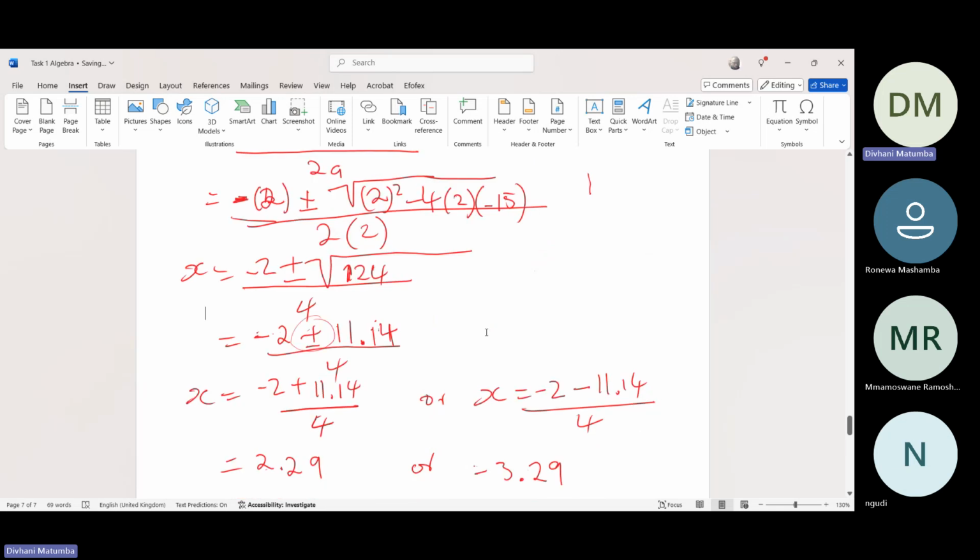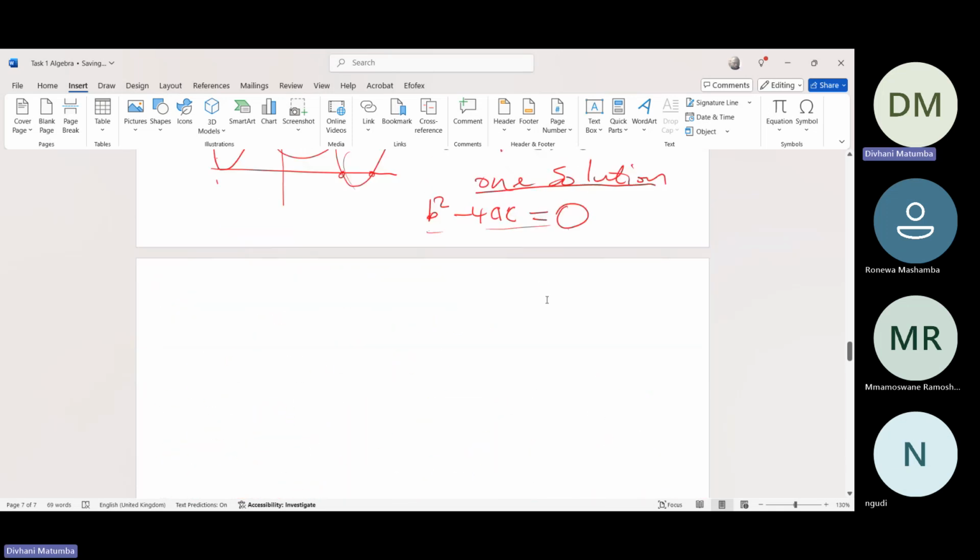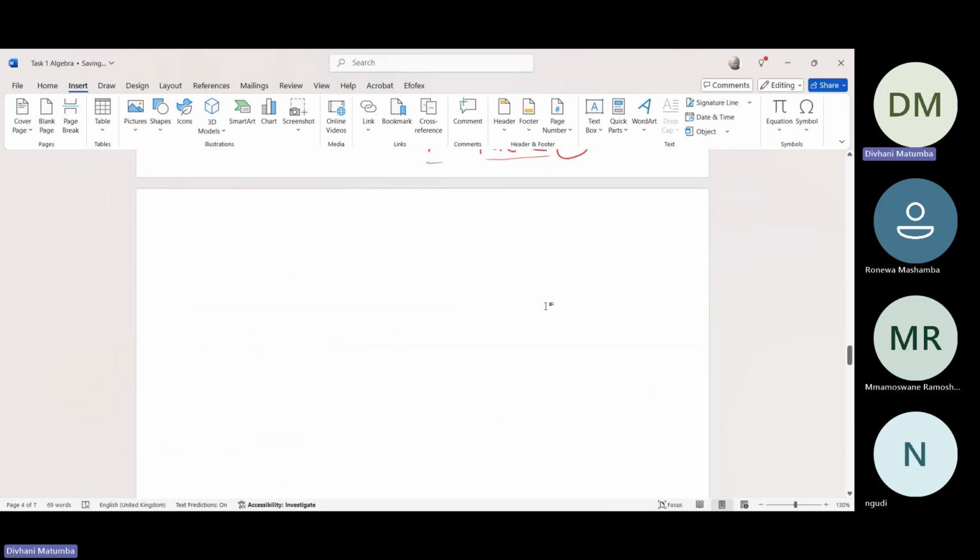Let me not disturb this. Let me write in this space. We're actually done, but I just want to say a few things. A quadratic expression, anything in the form of ax squared plus bx plus c, is expected to be a parabola.